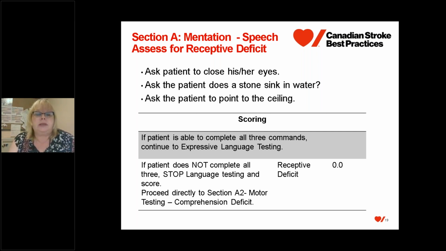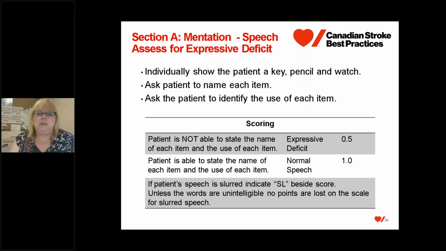You then would proceed to Section A2, motor testing with a comprehension deficit. In this situation, we are going to say that the patient was able to close their eyes. The patient was able to indicate that yes, a stone sinks in water, and the patient was able to point to the ceiling. We now move on to expressive deficit.